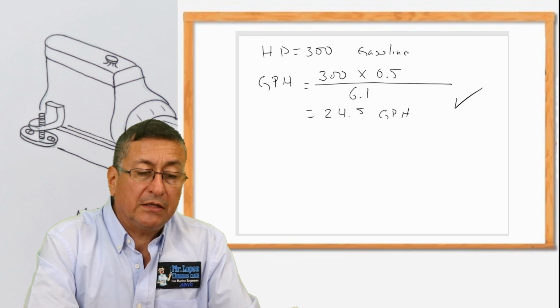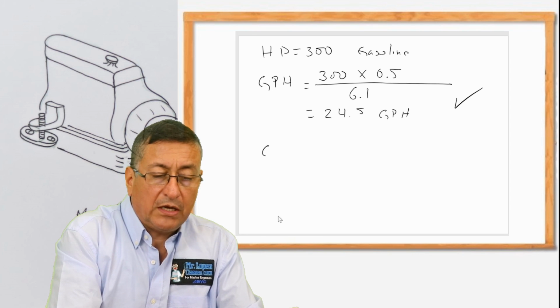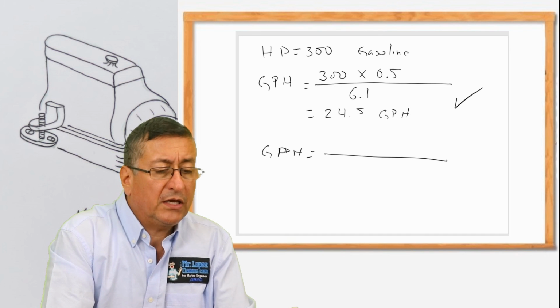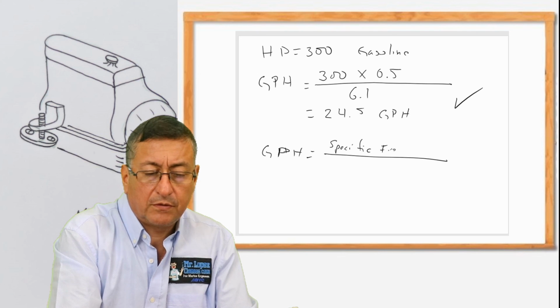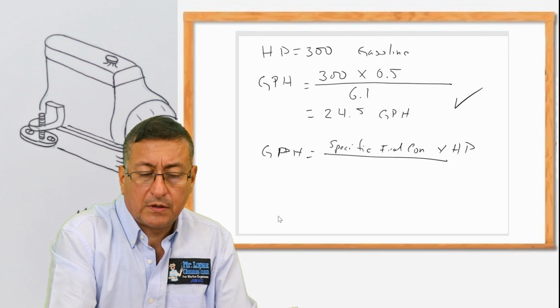Yeah, simple. Don't forget, all the time we are going to use this formula. The consumption in gallons per hour is equal to the specific fuel consumption times the horsepower divided by the weight of the fuel.